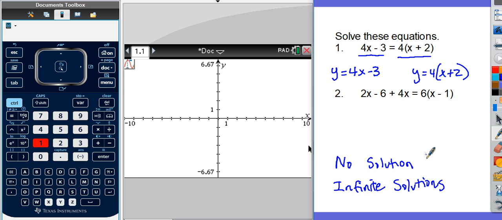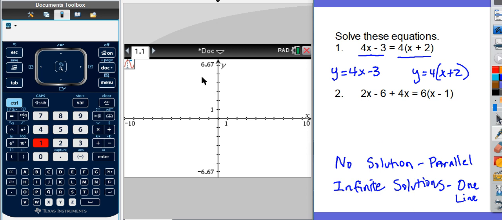When we look at their graphs, we're going to see one of two things. If we see parallel lines that do not touch, it means that there is no solution. If we see just one line, then that means that my two lines that I graphed are right on top of each other. And if I see just one line, then they cross everywhere, and that means it's infinite solutions.